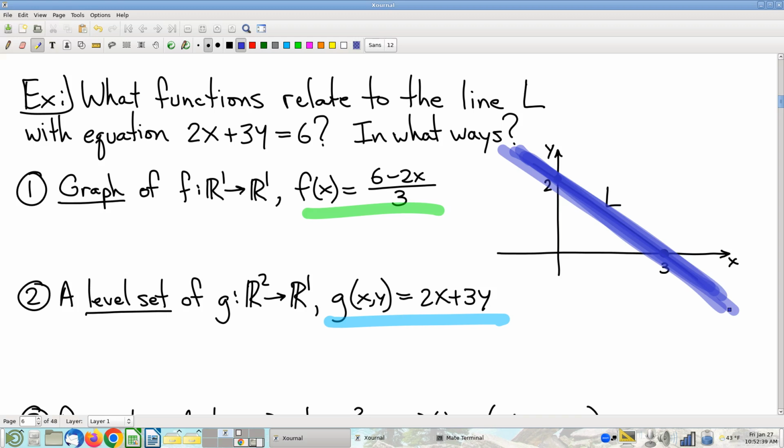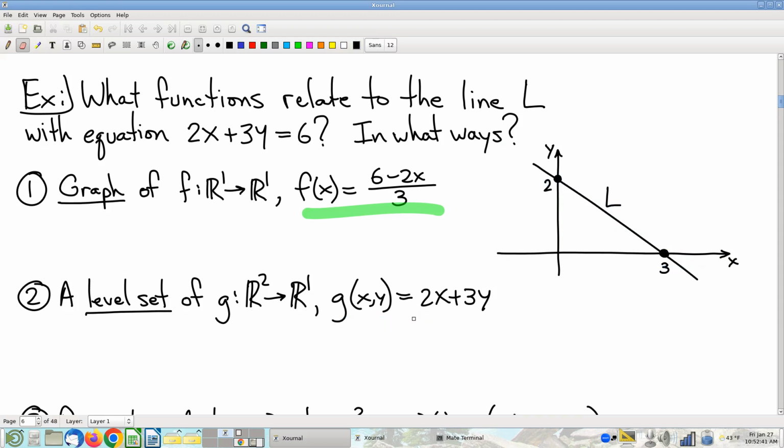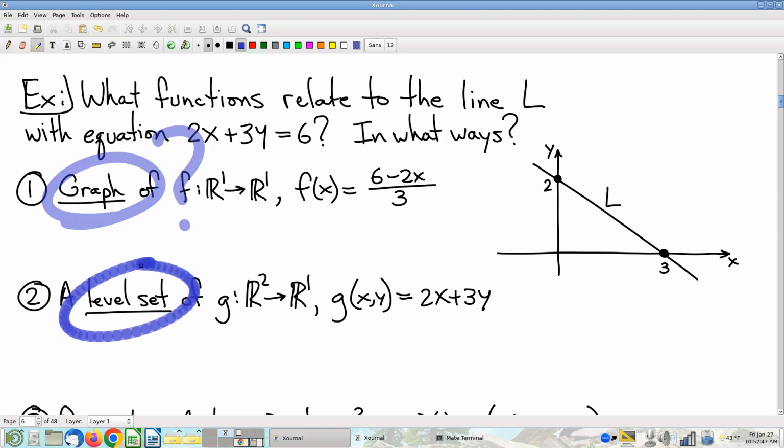And so in order to know, should I interpret with the calculus of level sets or the calculus of graphs? Well, you better know whether you're looking at a graph or a level set. And if you're not crisply clear on the difference between these two constructions, then you're going to accidentally apply the calculus of level sets to a graph, and you're going to get wrong answers. Does that make sense to everybody?